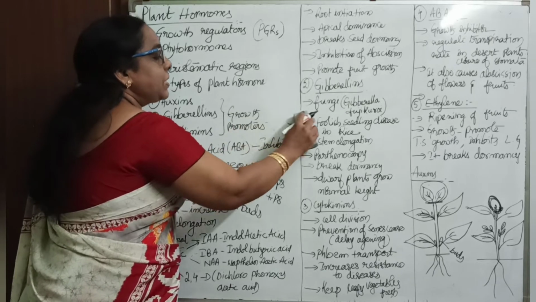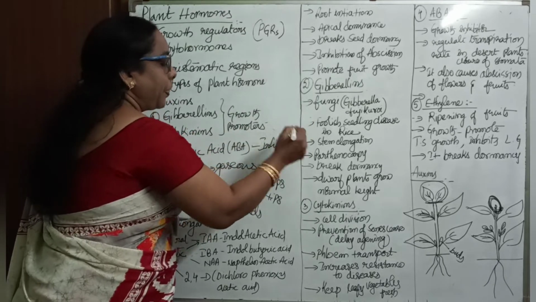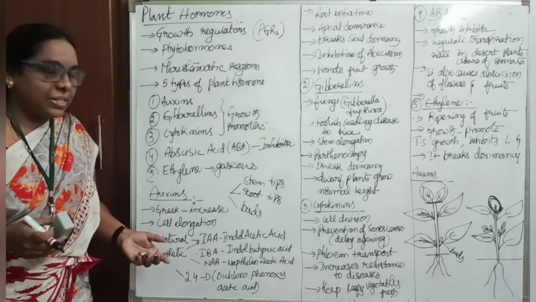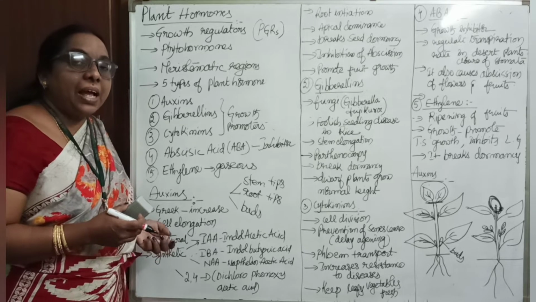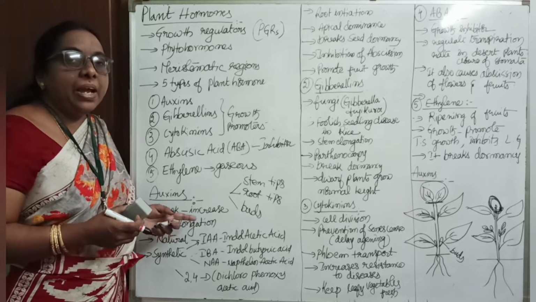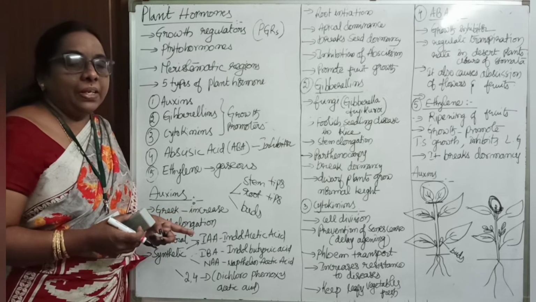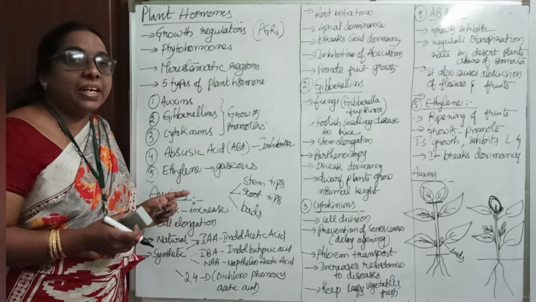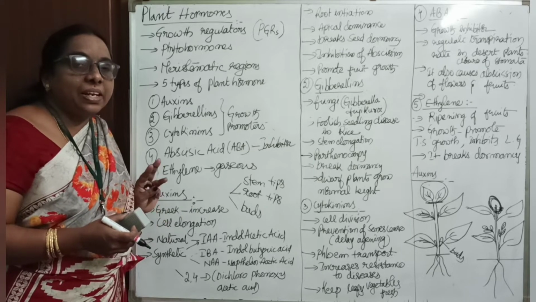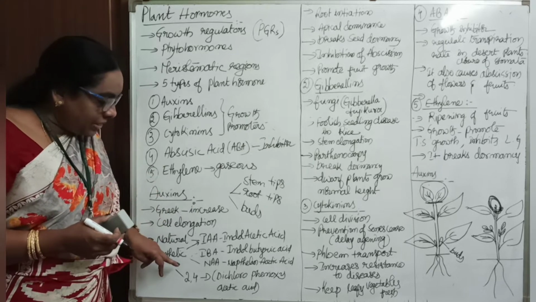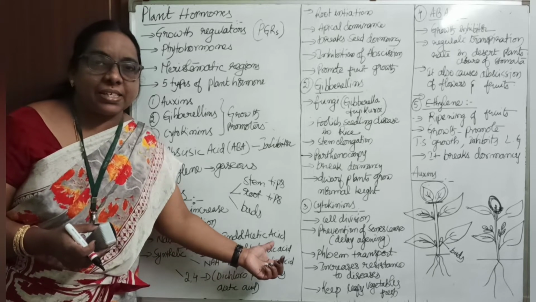Another point is that auxins are available in natural and synthetic forms. In natural form it is IAA, indole acetic acid. In synthetic forms it is available in 3 ways. The first is IBA, indole butyric acid.